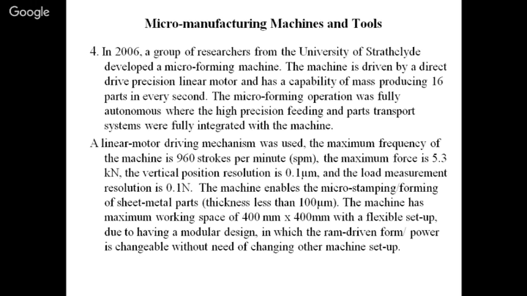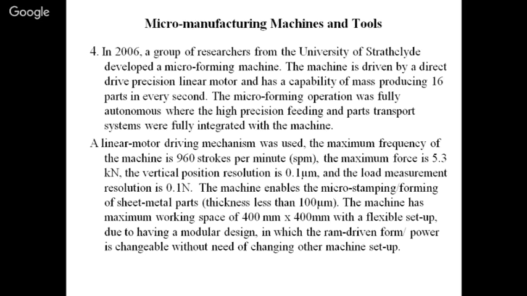The microforming operation was fully automated, and the high-precision feeding and parts transport systems were fully integrated with the machine. A linear motor driving mechanism was used, and the maximum frequency of the machine is 960 strokes per minute, that is SPM, and the maximum force is 5.3 kilonewtons.